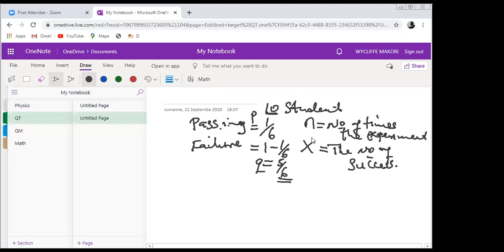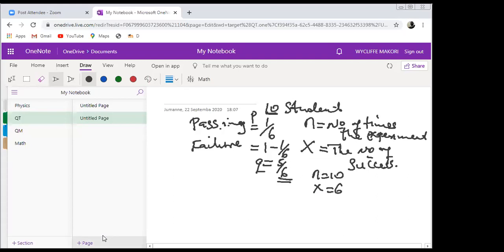Then the number of times the experiment is going to be repeated, because this exam is given to the 10 students, 10 is going to be N. If the question is talking about the number of successes, in this case, the probability that 6 students will pass that particular exam, then X is the number of successes. So in short, N is equal to 10, and X is equal to 6, because the question is telling us that 6 students pass.